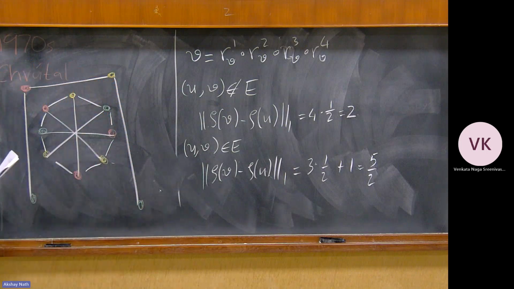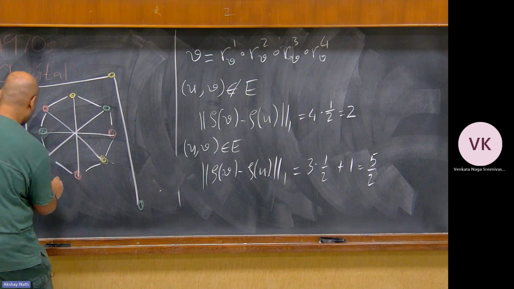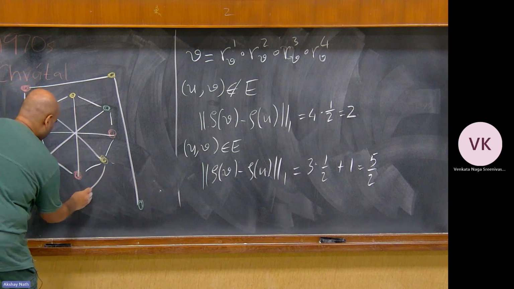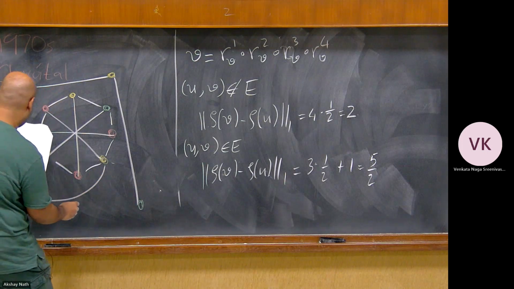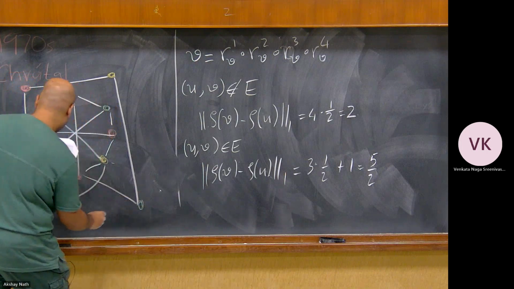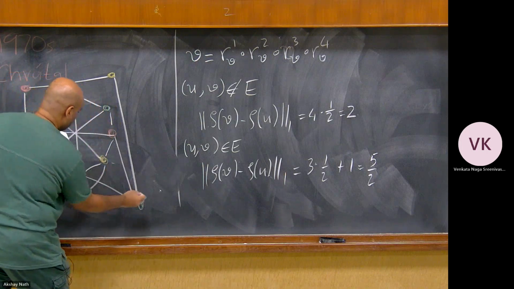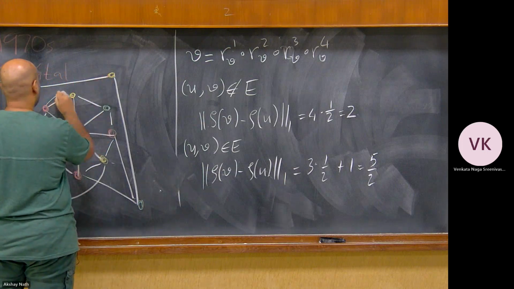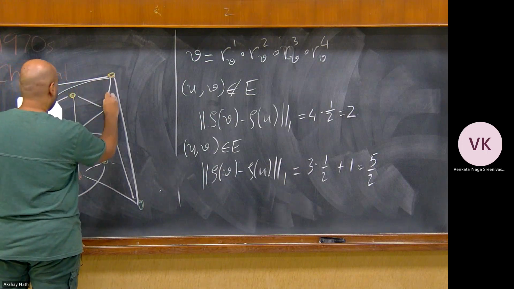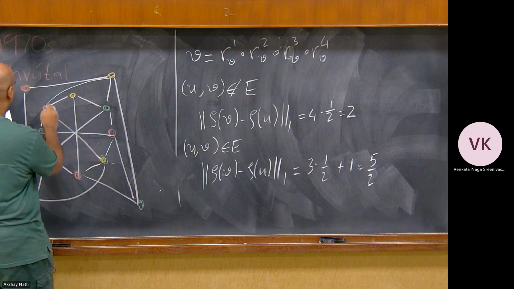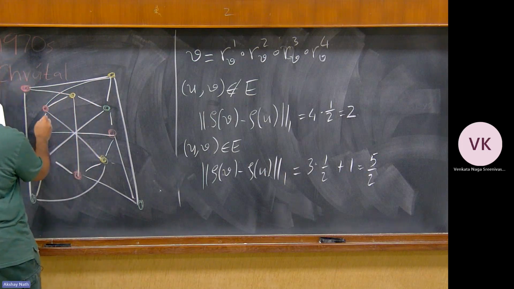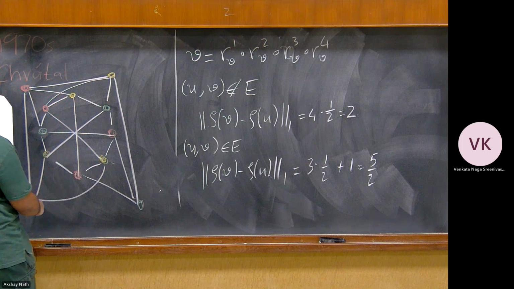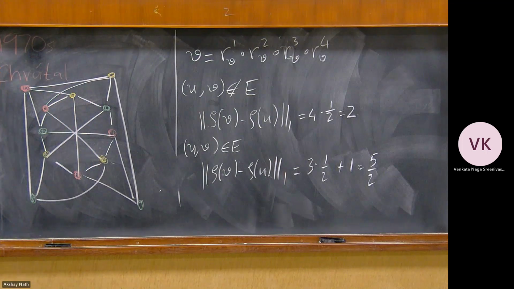This is uniquely 3 colorable because I'm going to remove an edge. You can verify it. So it's this graph.